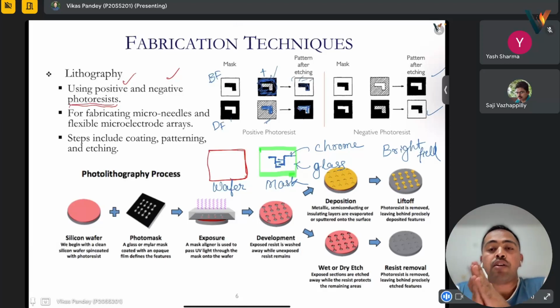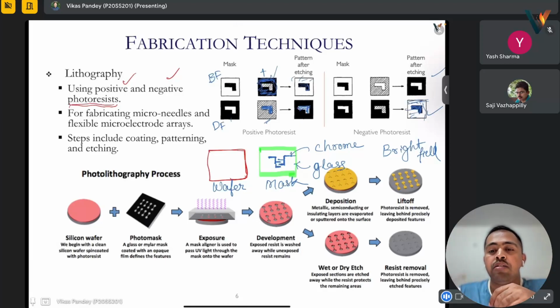Once we have this pattern of photoresist over it, then below it we have something like gold, silver, and other particles. We will put it into an etchant like gold etchant, silver etchant, or aluminum etchant, whatever we need. Since this area is protected, all other areas of the gold or metal will get removed, and only this area will remain.